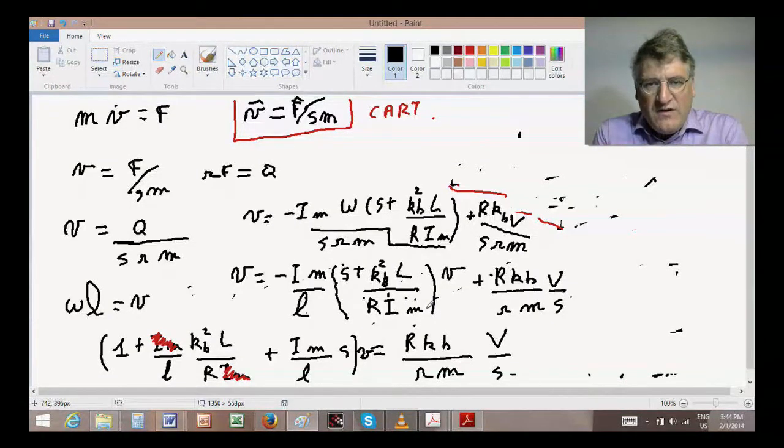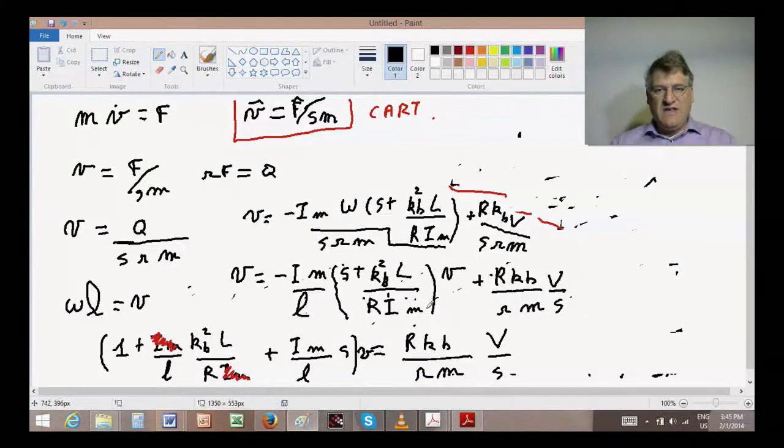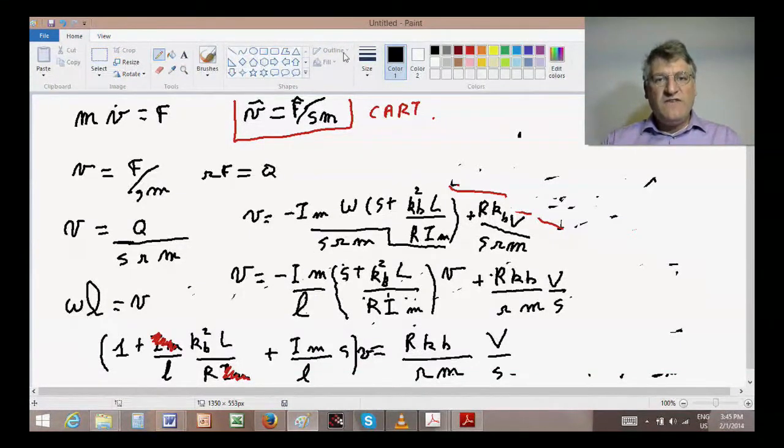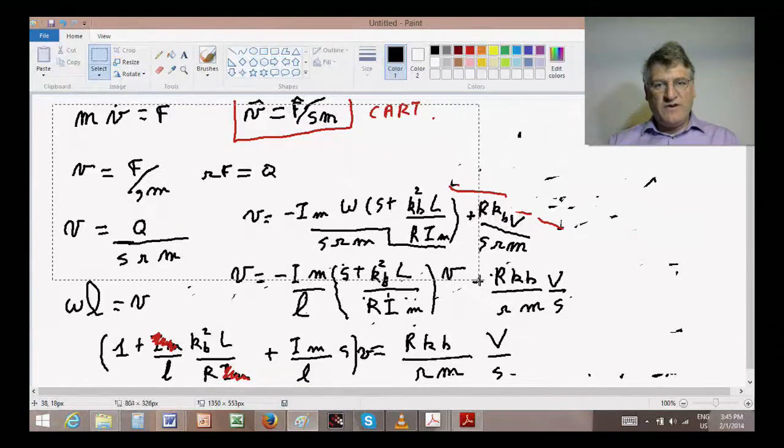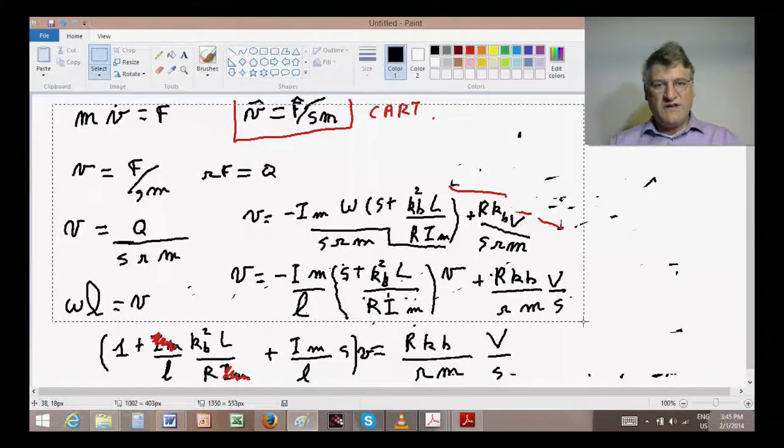Or, finally, we obtain that V is equal to the following terms. I can erase this.